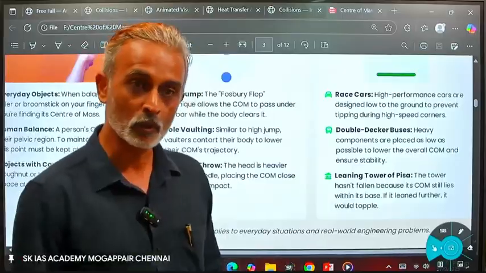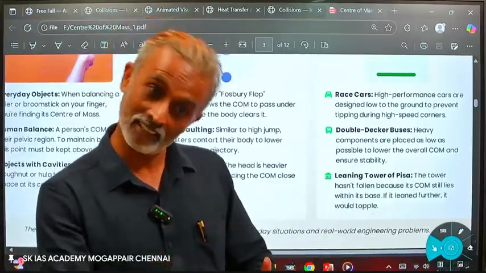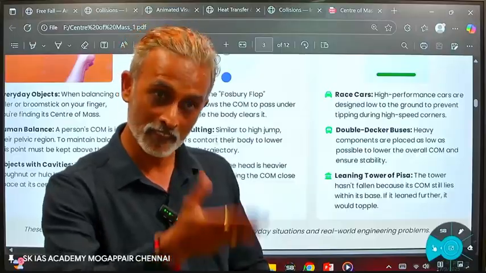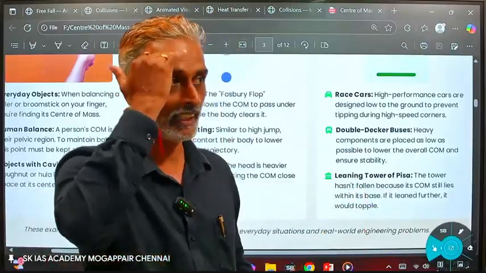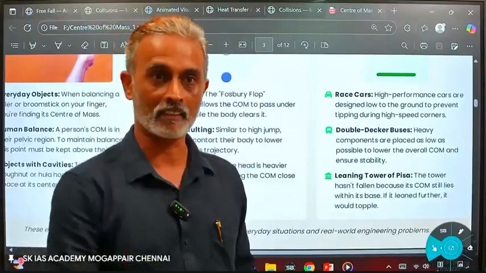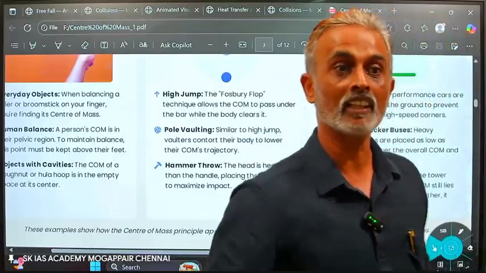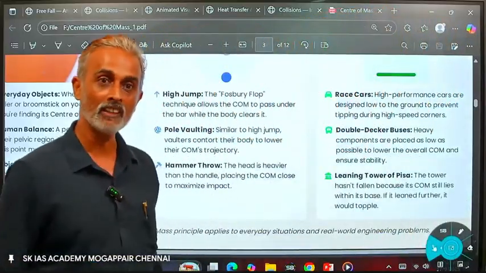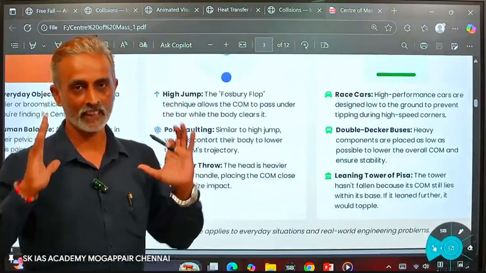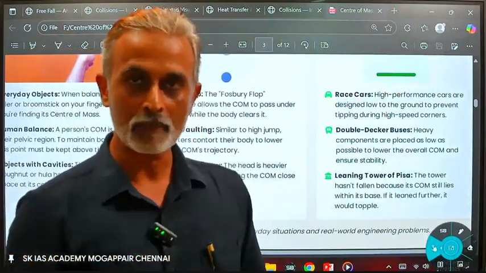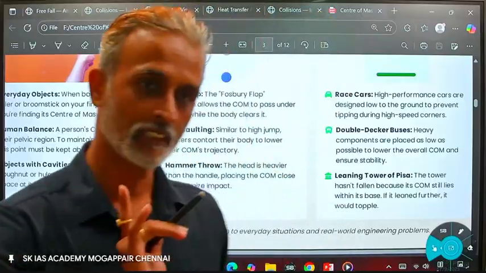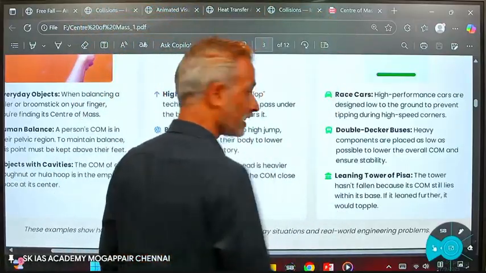Otherwise, in an earthquake they would fall. You will see in the US, Japan or any other country, they make such buildings so that an earthquake has no effect. How do they make them? With the help of the center of the mass. So this is the engineering application of the center of the mass. Okay, any doubt?